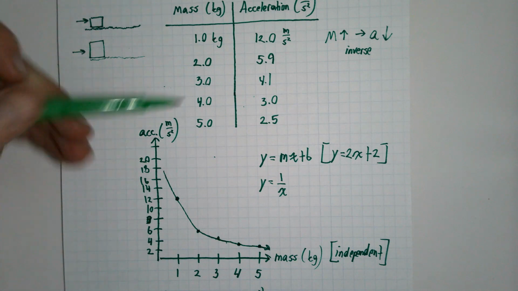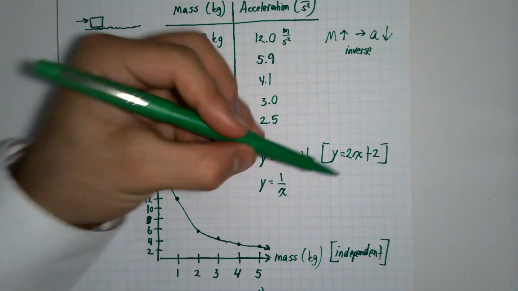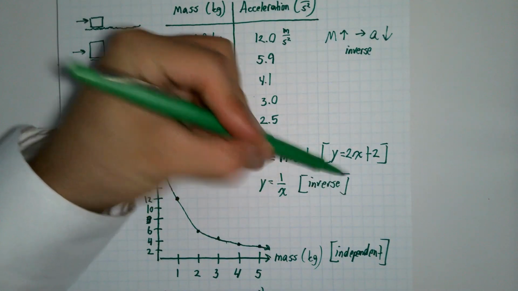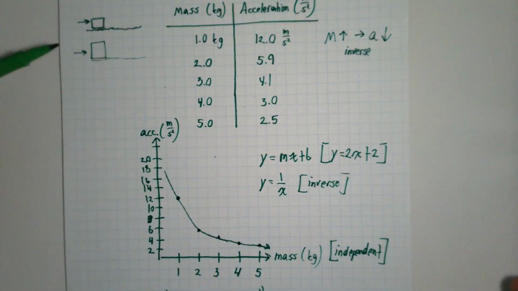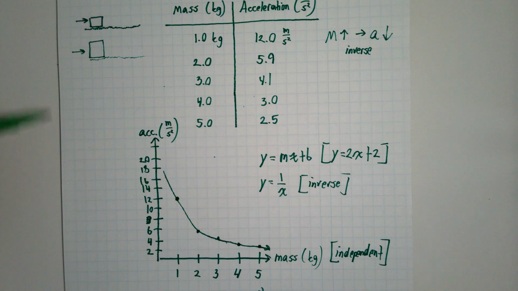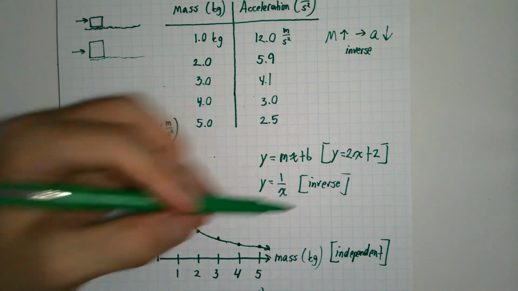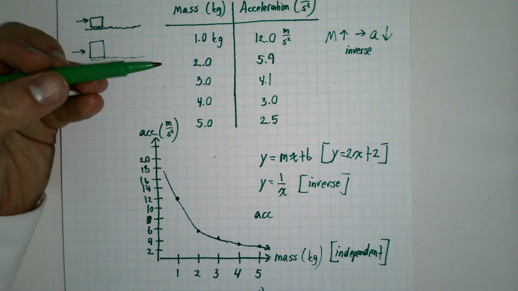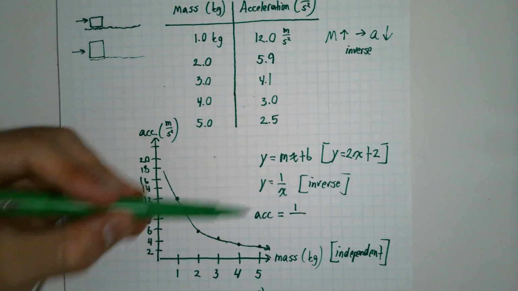Now, because we see that this is an inverse, we can use this equation, this is our inverse equation, to describe this relationship. So not only do we see a descriptive relationship that we just offered, which is saying inverse, but now I can mathematically define it. I can say that my y value, which is what's on my y-axis, acceleration, so I can write that acceleration is equal to 1 over, what is my independent variable, my x value?